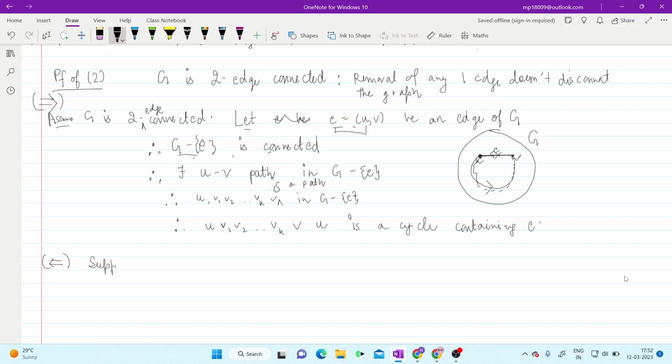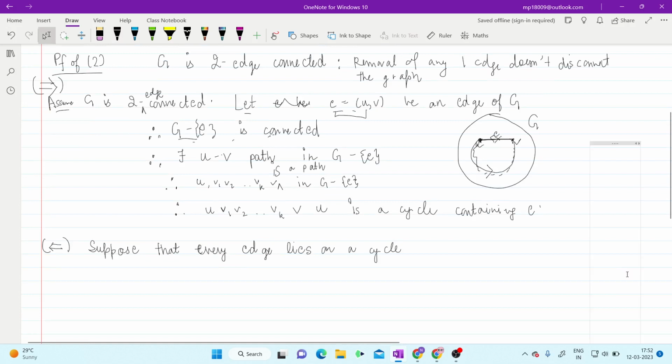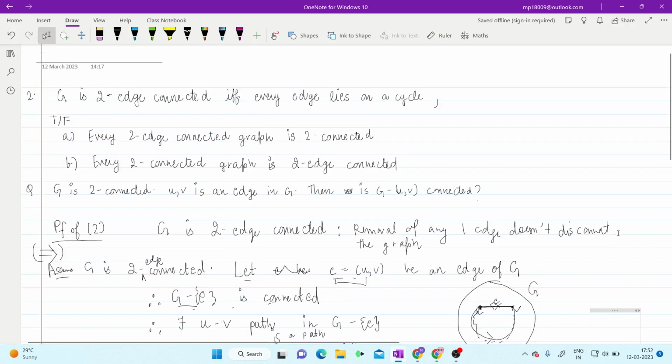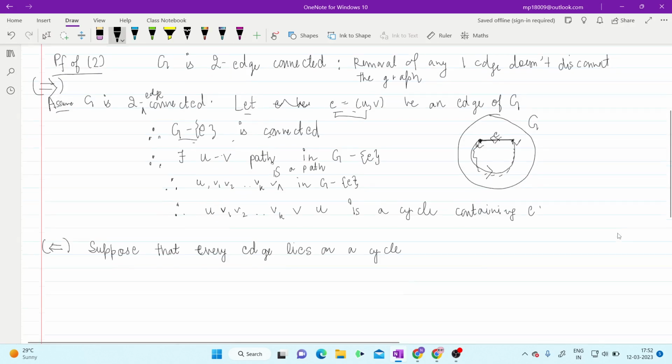Suppose every edge lies on a cycle. G is 2 edge connected if and only if G is connected and every edge lies on a cycle.